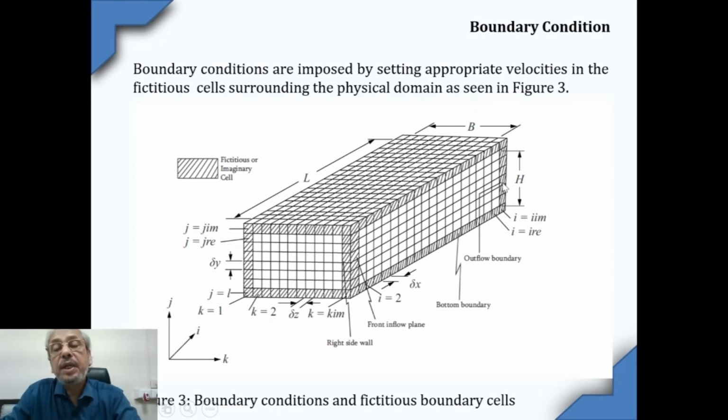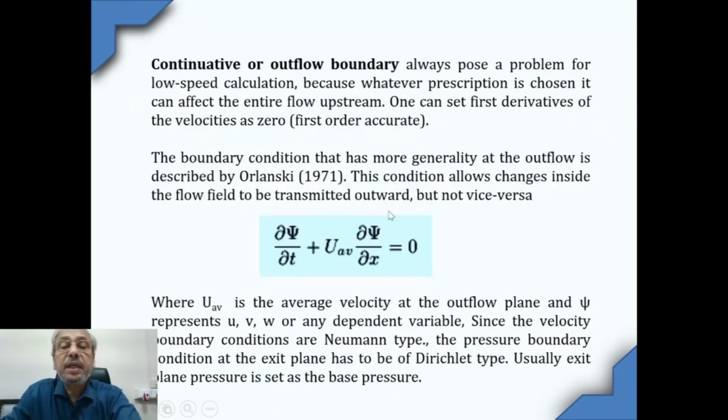Now there is a catch with the exit boundary, because the exit boundary condition is not known. Had we known the exit plane velocities, we would not have solved these governing equations.